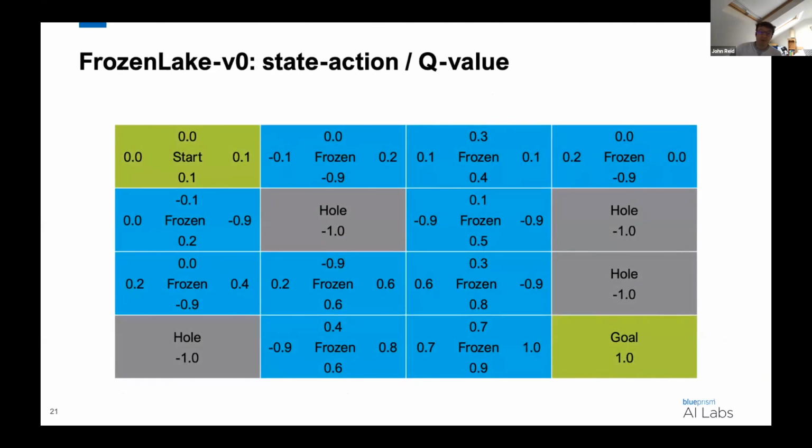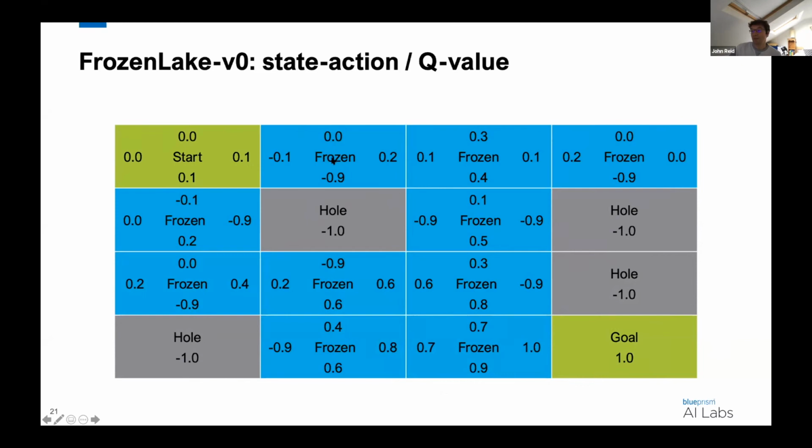Okay, so back to our model-free frozen lake environment. Here we've expanded what we're estimating. We're not estimating the value function anymore. We're estimating the Q-value state action function. So for each state, we've got an estimate of the value of taking any one action. If we're in the start state, we've got an estimate of the value of going right. You can see here that our estimates are pretty reasonable, actually.